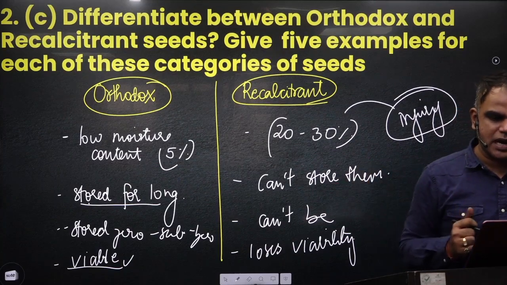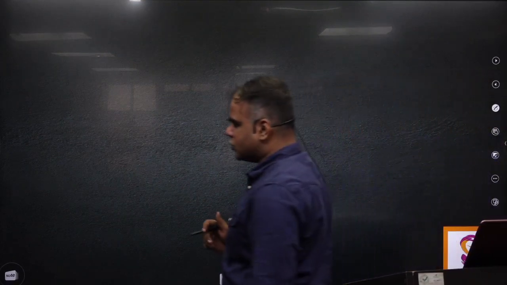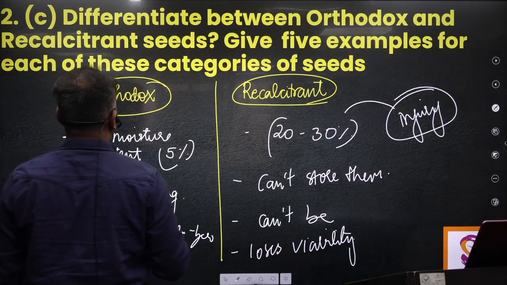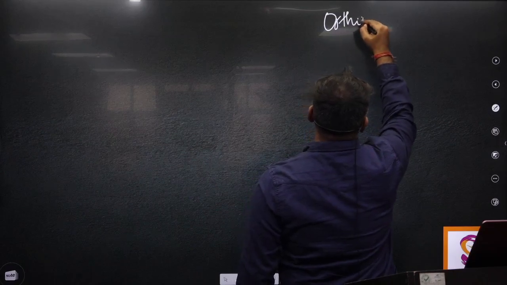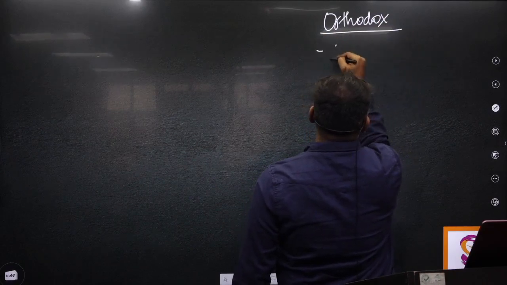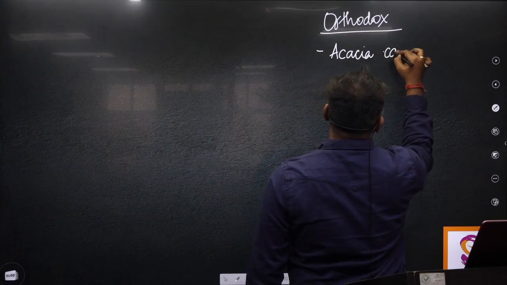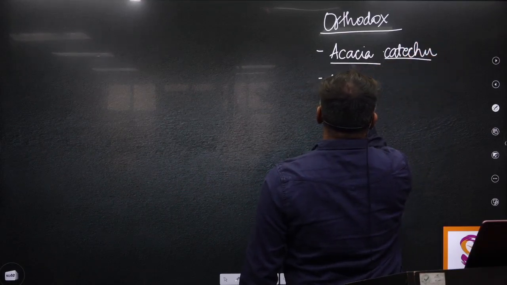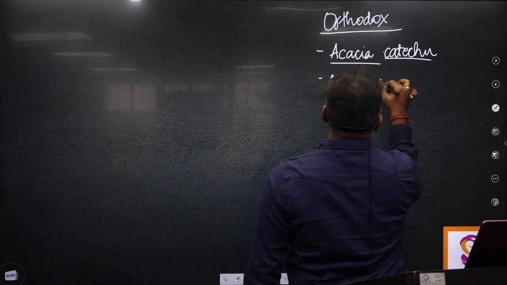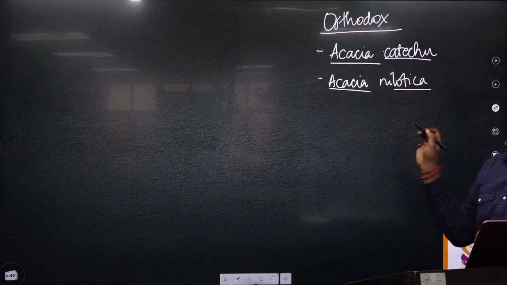Now let us write about the examples. For orthodox you can write down, we just saw an example, Acacia catechu. Let me write down some examples: Acacia catechu, Acacia nilotica, for example.